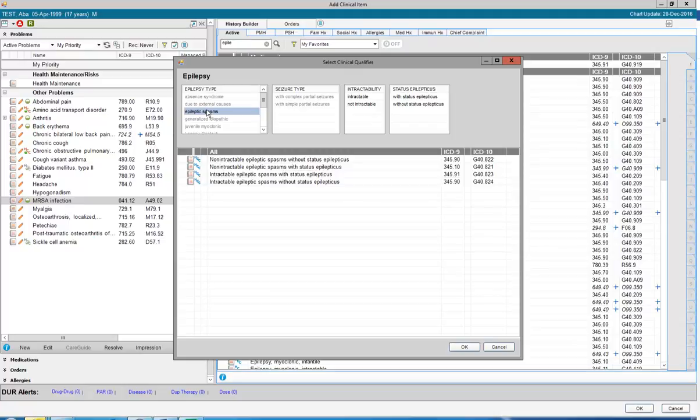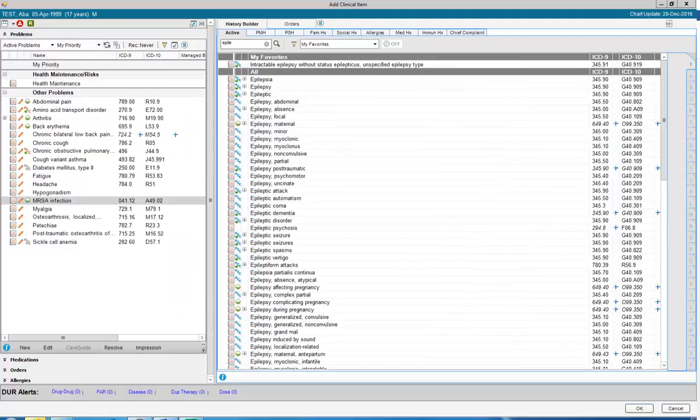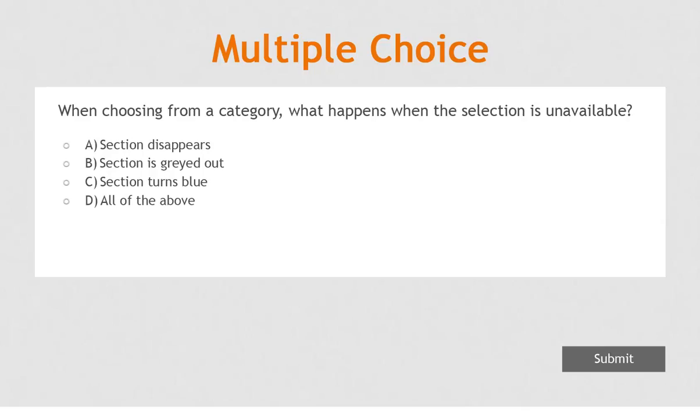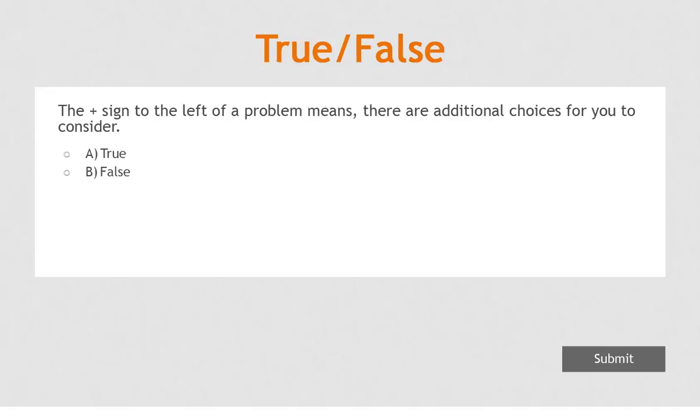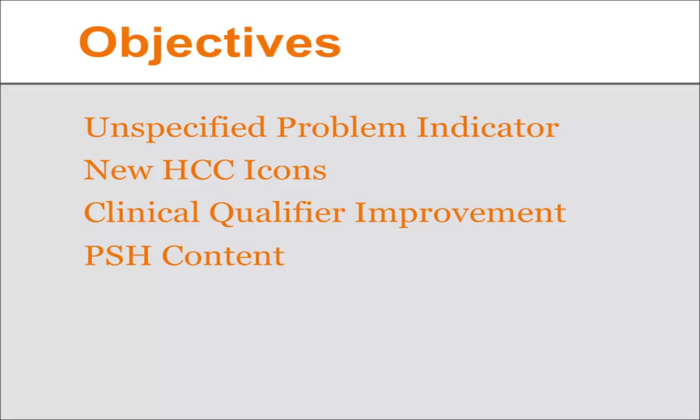So I'm going to click OK on the lower right to close the Select Clinical Qualifier window and return to the ACI. This completes our demonstration on Clinical Qualifier Improvement.